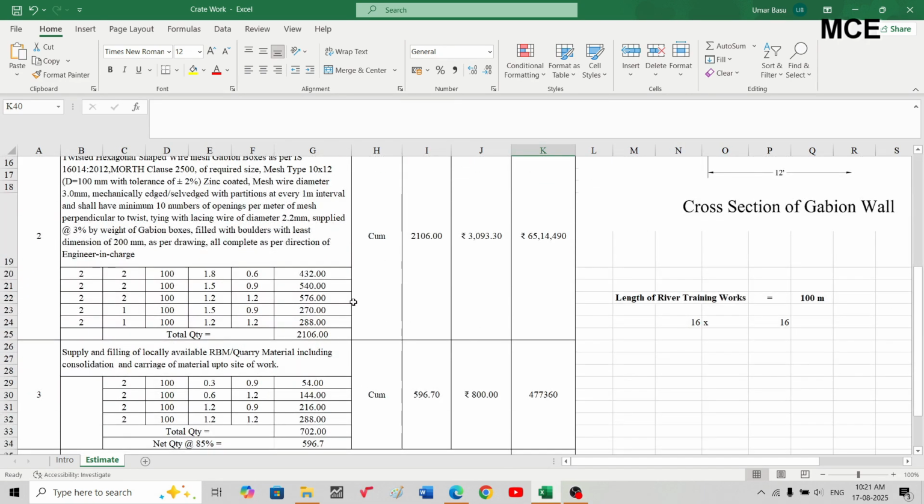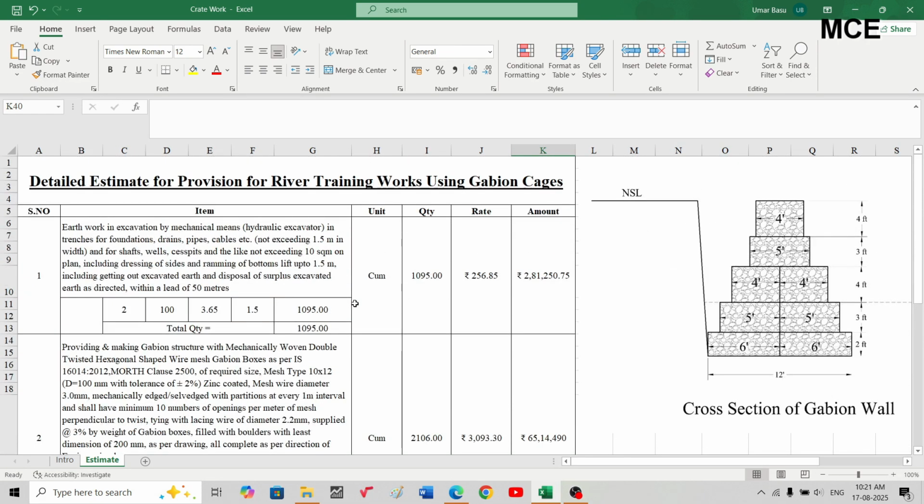I hope this solution video was clear, effective, and you definitely learned something new from this. This estimate was prepared so that you can get an idea of how we can prepare the estimate for river training works using Gabion cages.